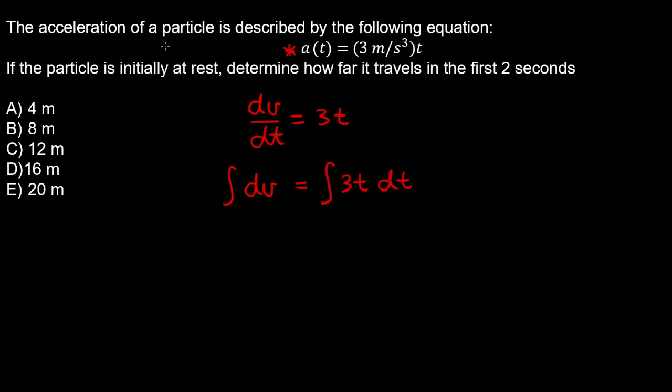So given the particle is initially at rest, we integrate from 0 to some velocity v. And our reference time we take as 0 and integrate to some time t. So therefore the velocity as a function of time is equal to 3t squared on 2, evaluated from 0 to t, and that's equal to 3t squared on 2.